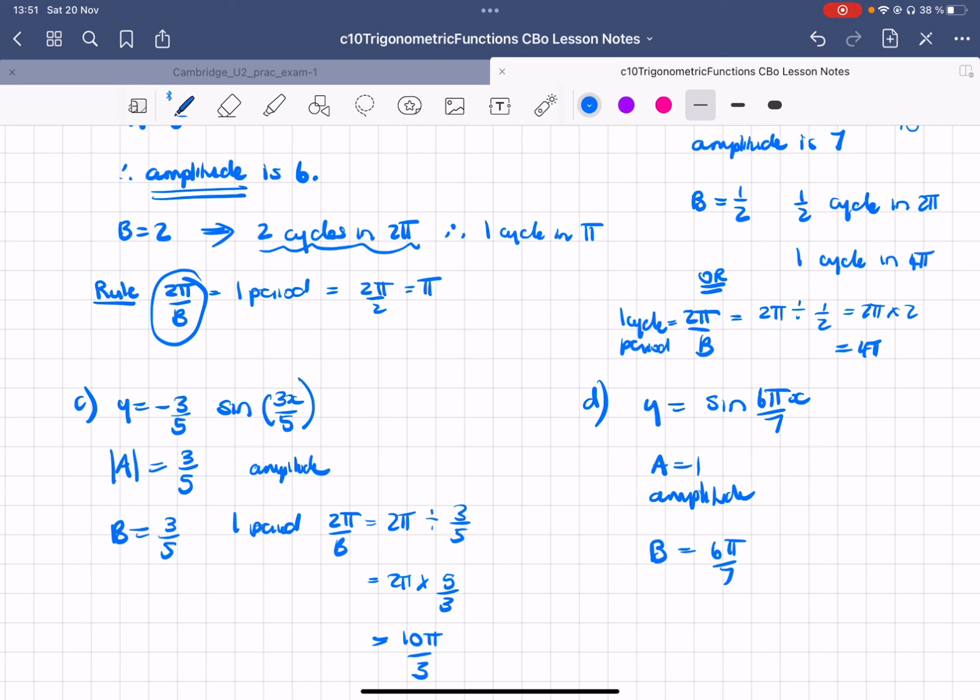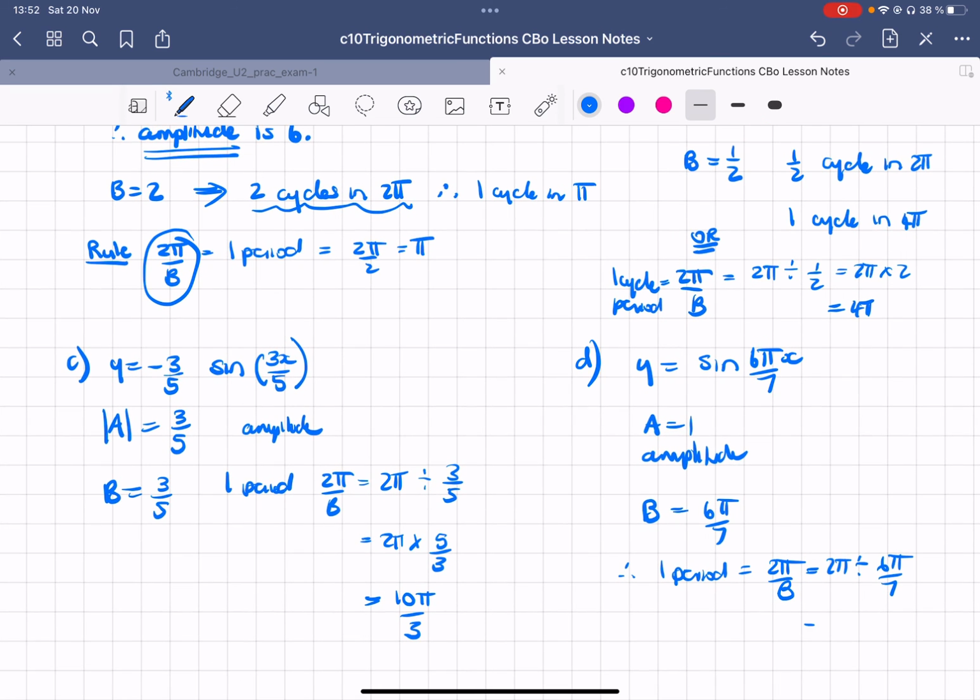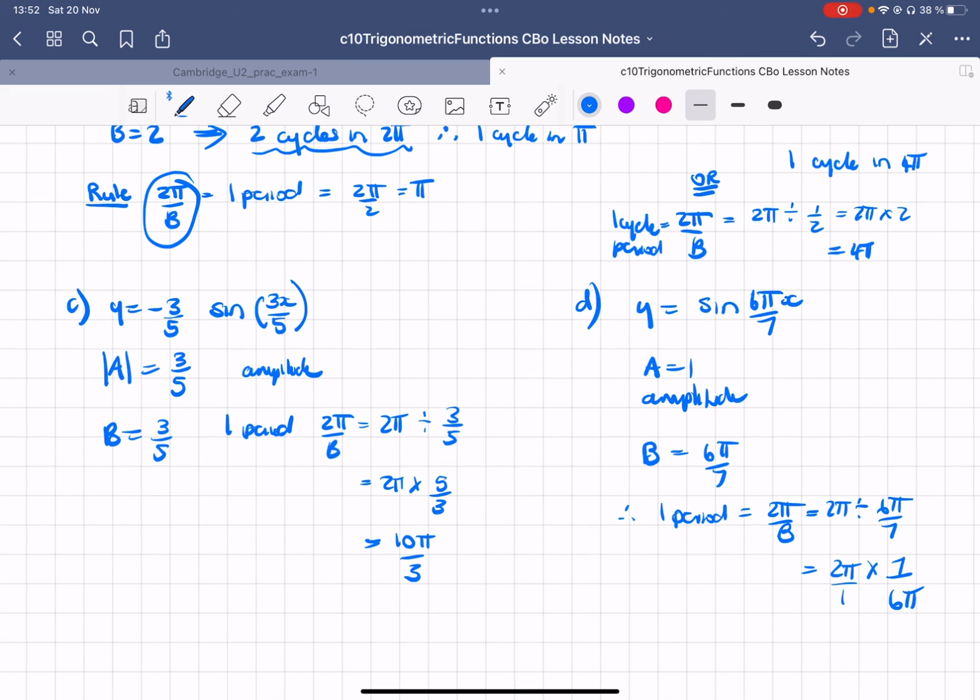So therefore 1 period is 2 pi over b, which is 2 pi divided by 6 pi over 7. So that's 2 pi times 7 over 6 pi. Cancel. So 1 period is 7 over 3.